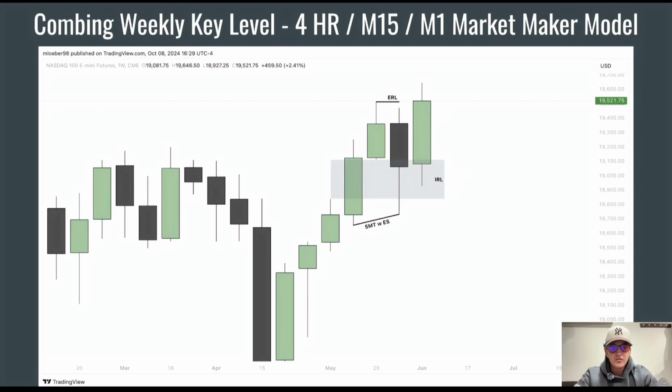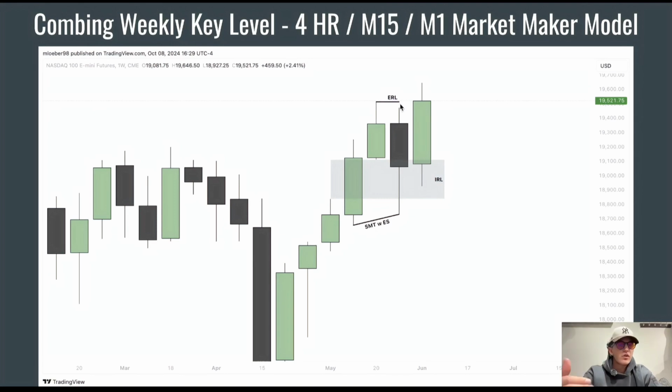The case should be understanding that we have our foundation and our base of price creating the SMT divergence inside of the internal range liquidity pool. We now have a confident idea that price will go to that weekly external range high, like we have labeled here.